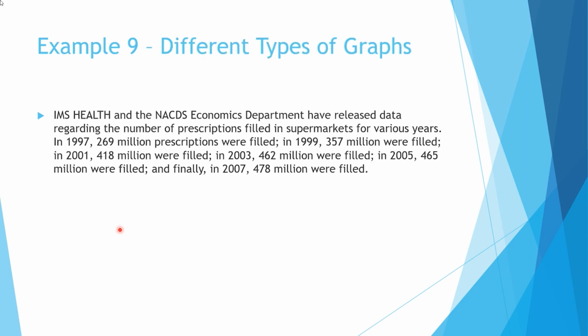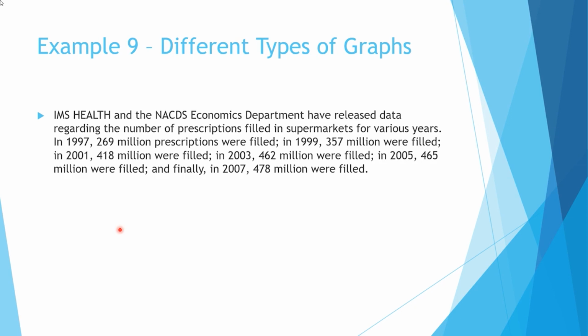Now let's look at different types of graphs. So IMS Health and the DA/CDS Economics Department have released data regarding the number of prescriptions filled in supermarkets for various years. In 1997, 269 million prescriptions were filled.